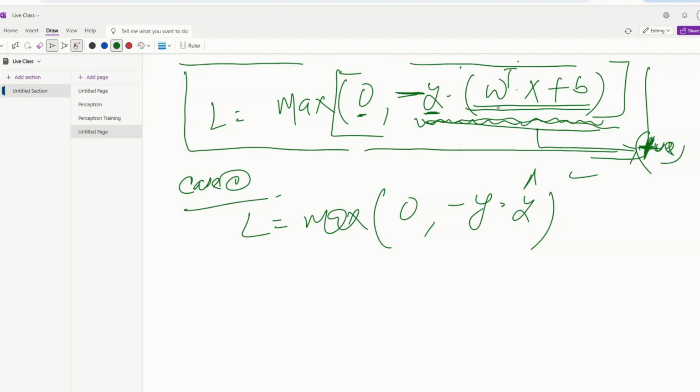Because this wtx plus b term is nothing but the y prediction, if you know the basic concepts. So this is my equation, y into y predict. y is the actual label, and y predict is the predicted label.